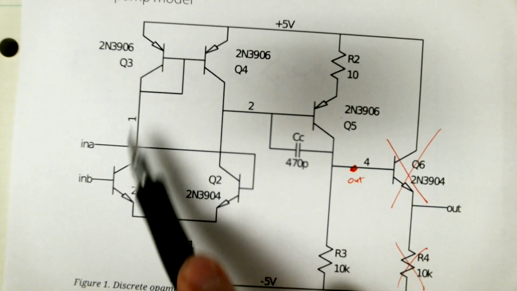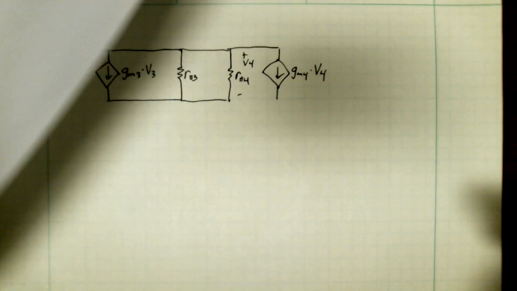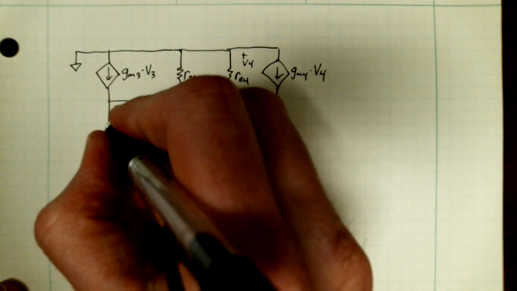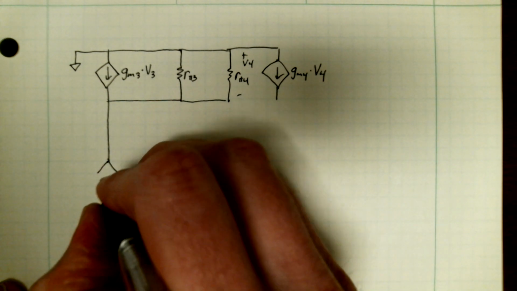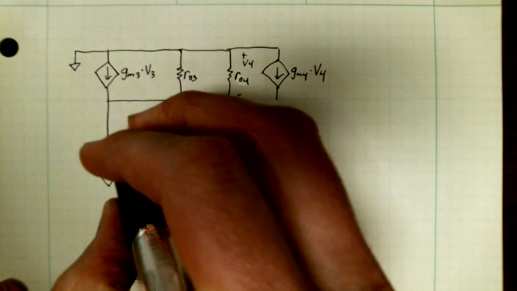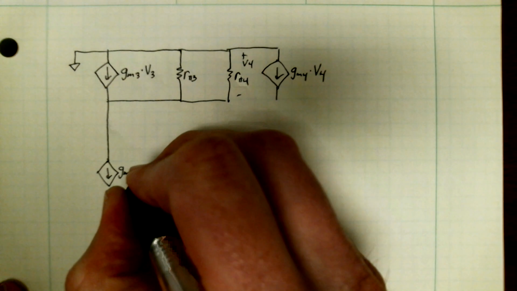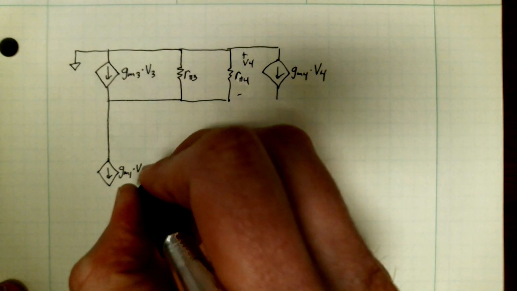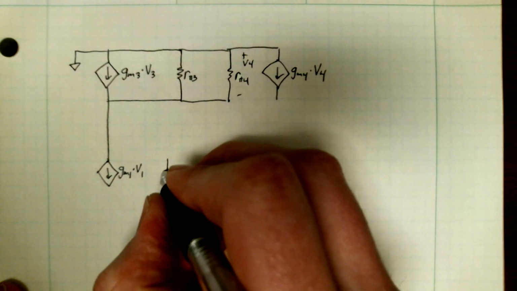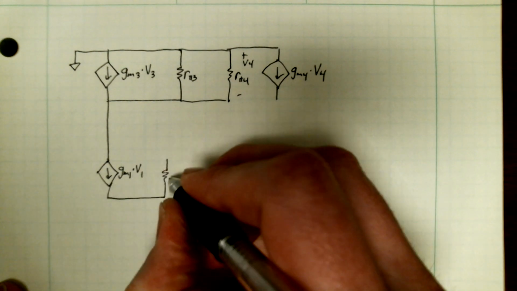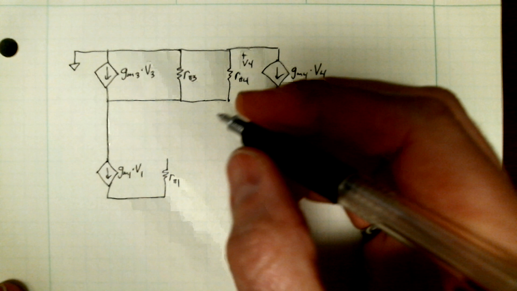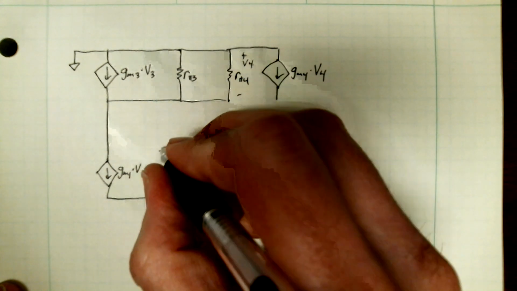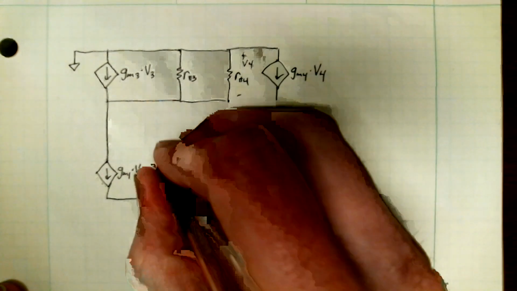That. Number 1. Back to number 1, way down here. GM1, V1, RPi1. And this voltage is actually minus VD over 2.